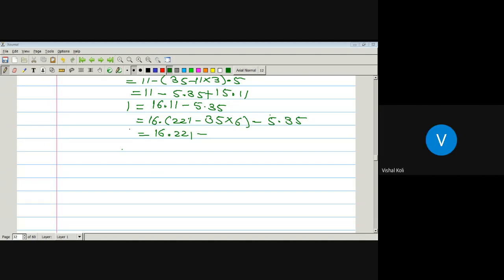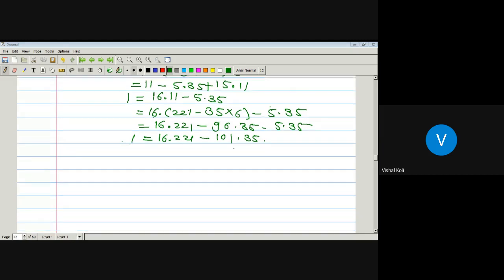First tell me this one. 16 into 6 is nothing but 96 into 35, minus 5 into 35. So actually it is 16 times 221 minus 96 times 35 minus 5 times 35, which is minus 101 times 35. Okay, so 1 is nothing but 16 into 221 minus 101 into 35.